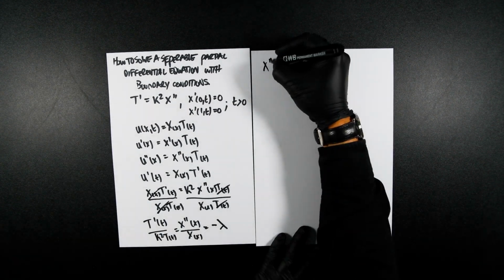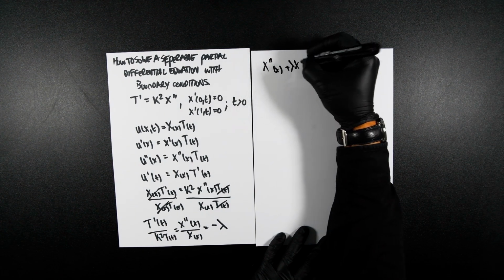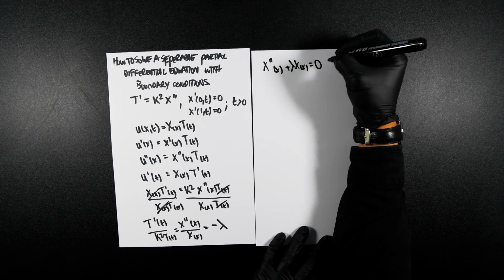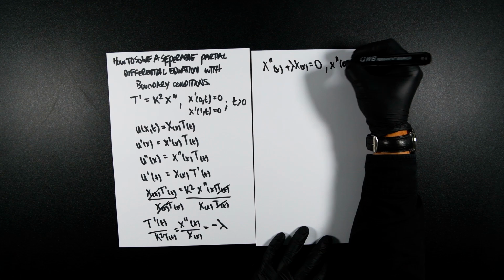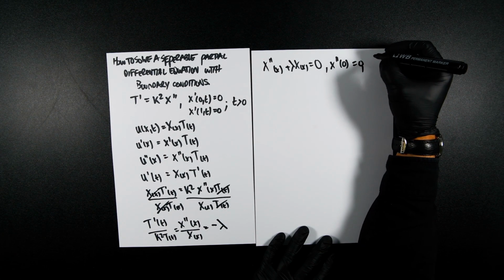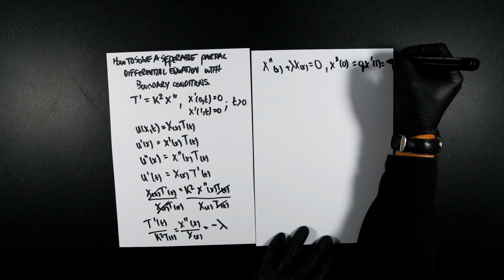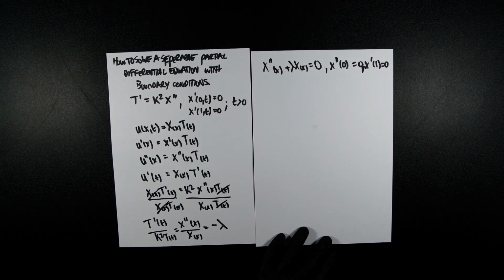So you've got X differentiated twice, X'' plus lambda X, which equals 0, and X'(0) equals 0, and we have X(1) equals 0. These are taken from the boundary conditions that we were given at the start.